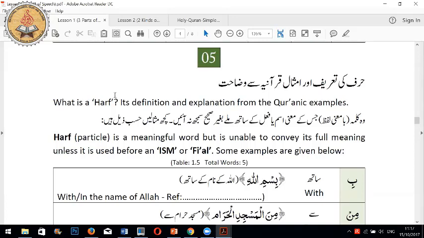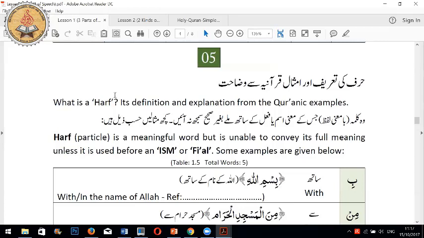Now remember, the main categories with regards to kalima are either ism or fi'l, and the least category, the least important, and sometimes very important, is harf.